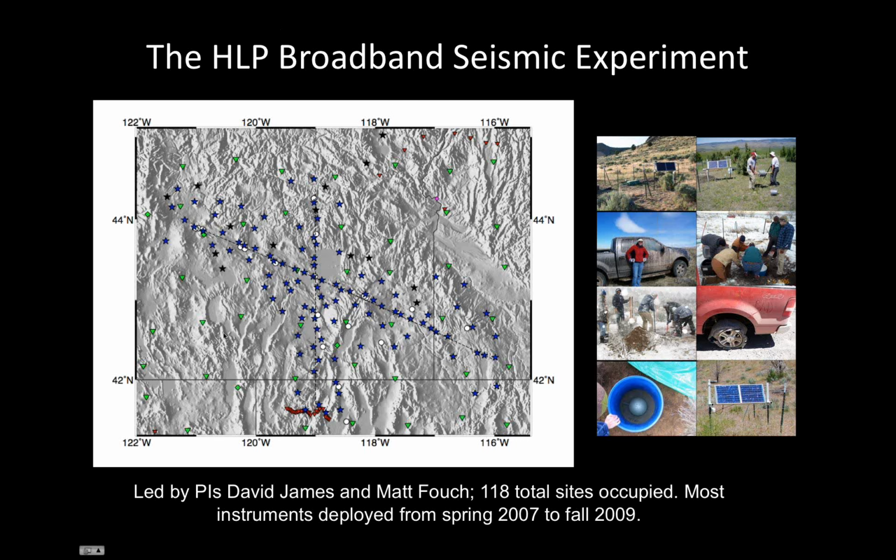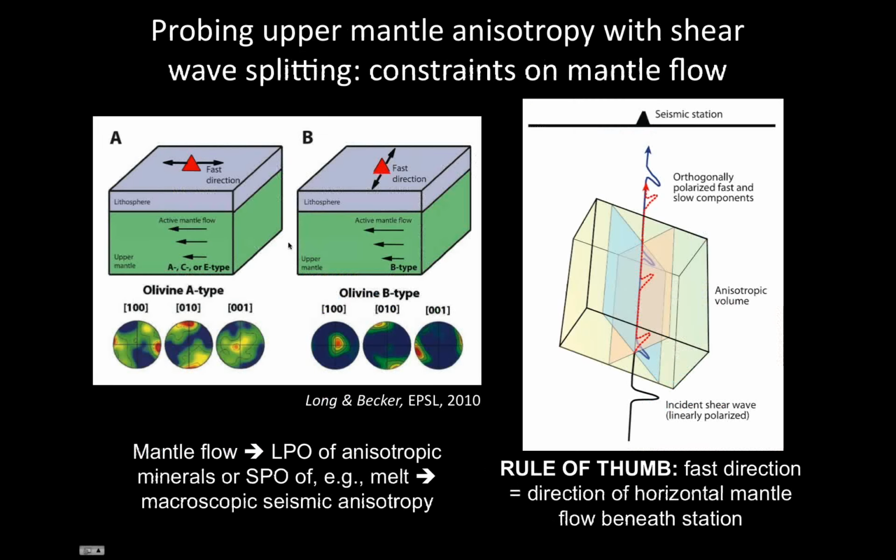When you combine this High Lava Plains broadband data set with the Transportable Array stations in the area, shown in green, and also stations of the Wallowa Mountains array to the north, which was run by Gene Humphreys, we really have an amazing and very detailed data set with which to look at these upper mantle processes and tie them to the volcanism that we see at the surface.